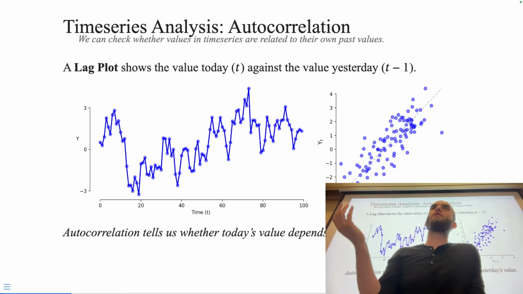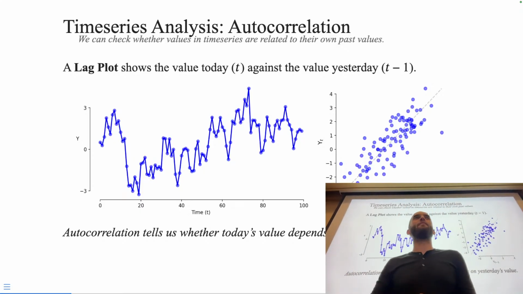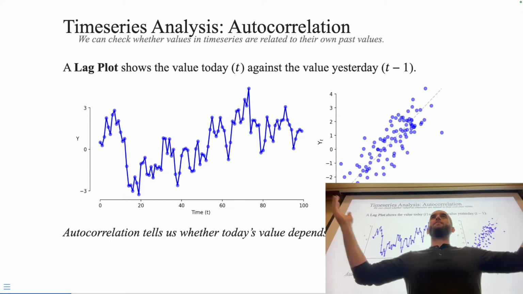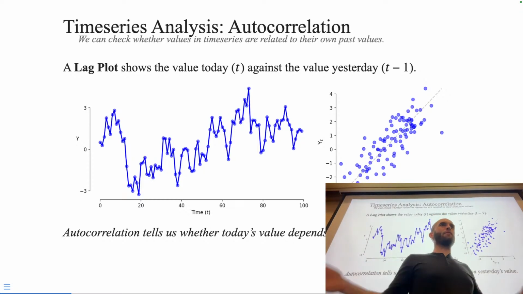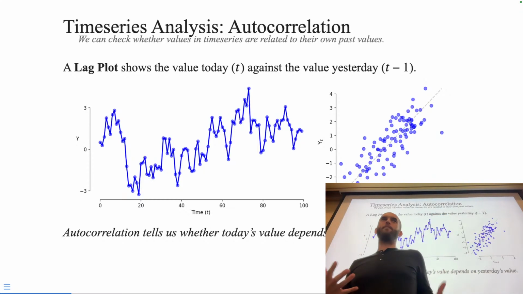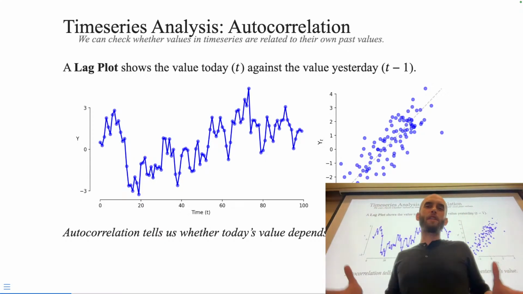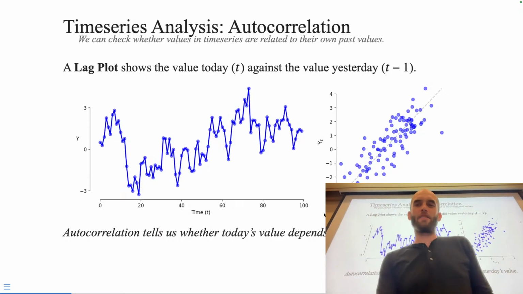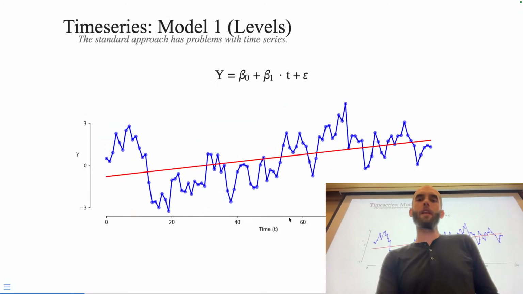Some of this is just seasonal, but also weather comes through and changes for short periods of time. So almost everything we see is correlated like this. This is a picture of autocorrelation: I have one value plotted against the one that came before it.